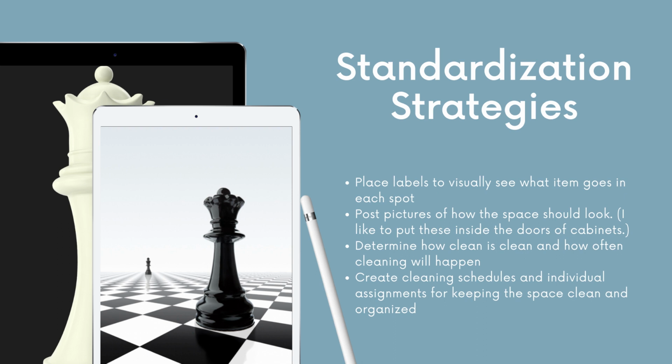You're going to determine how clean is clean and how often cleaning will happen. That'll be part of the discussion you do with your family when you sit down and talk about those standards. And then I find it beneficial to create a cleaning schedule with individual assignments. I like to do those weekly so that they get used to that assignment, especially in the kitchen when they were unloading the dishwasher.